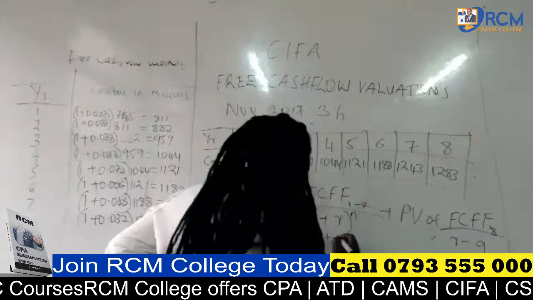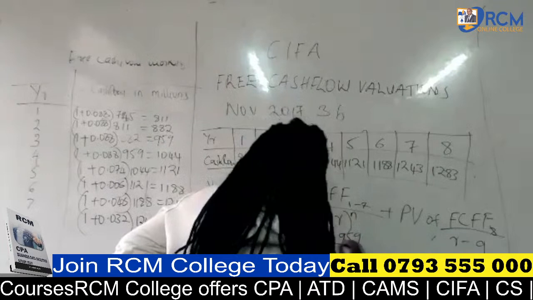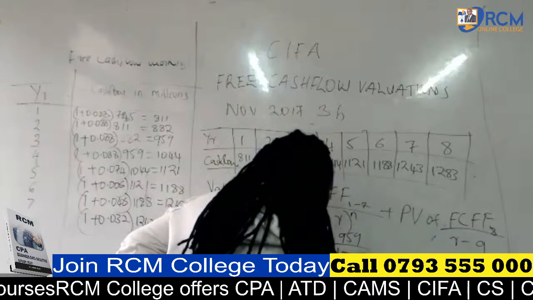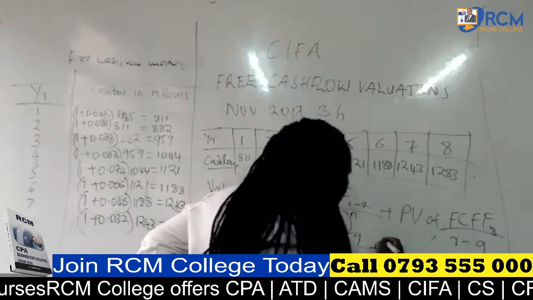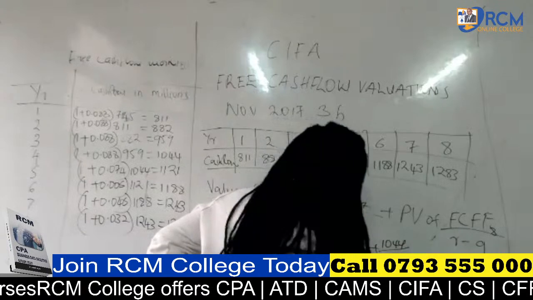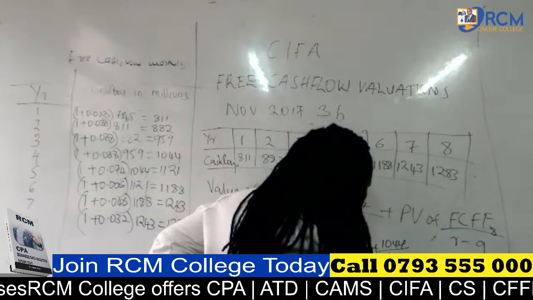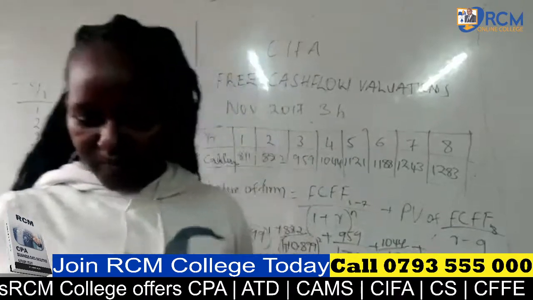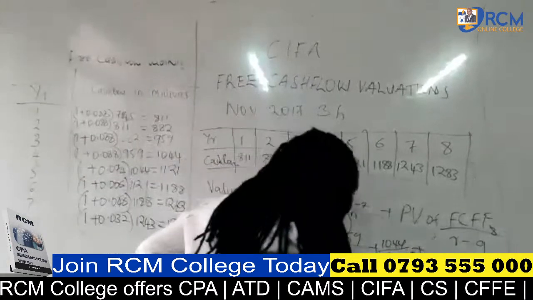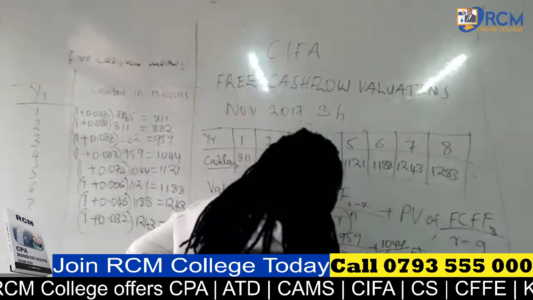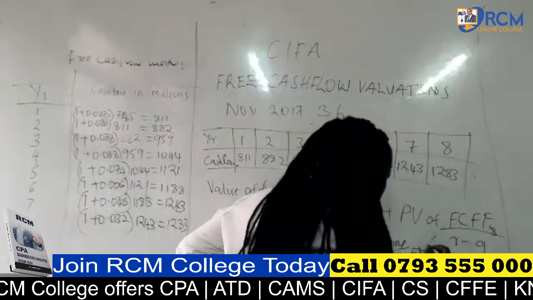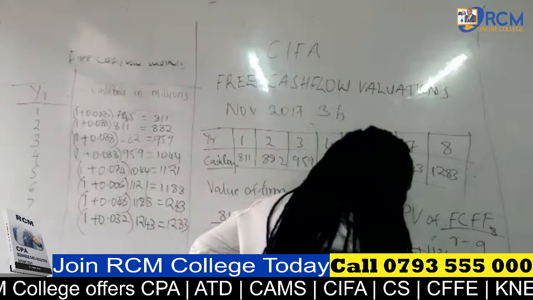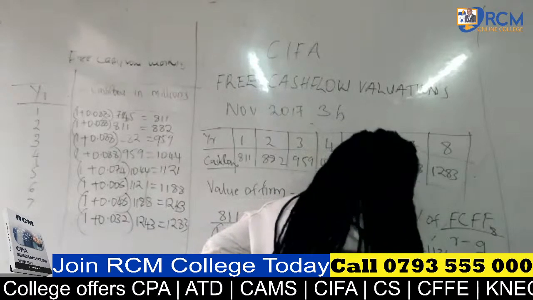We move to year 3: 959 divided by 1.0899, and this is to power 3. Year 4, 1044 divided by 1.0899 to power 4. Then for year 5, 1121 divided by 1.0899 power 5.